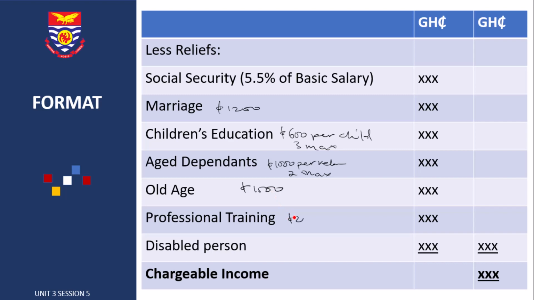Professional, we said 2,000. And then disabled person, we said 25% of their income. Please don't forget these, because you will not be given them in exams or quizzes. You have to know all these amounts and rates. Then we also have social security, which is compulsory, and it is 5.5% of the basic salary. When you add all this and deduct it from your assessable income, we get chargeable income.